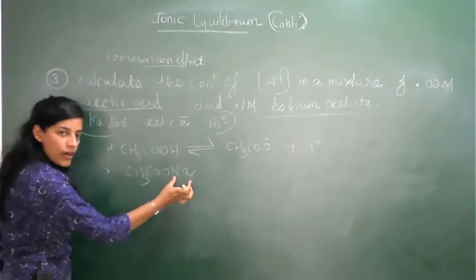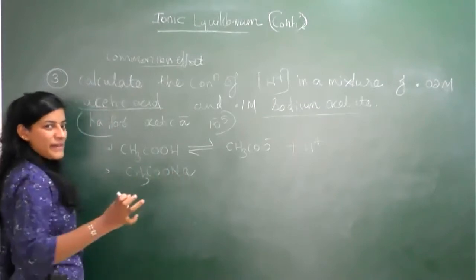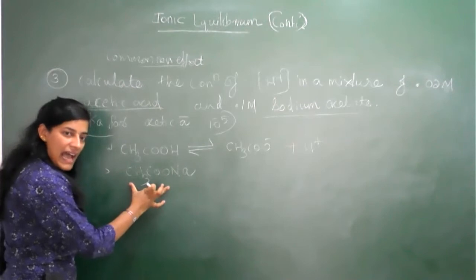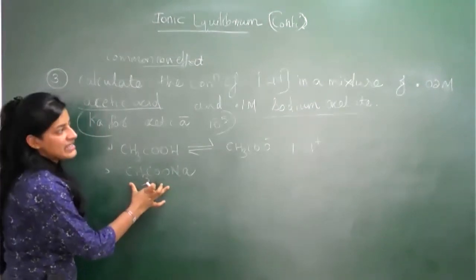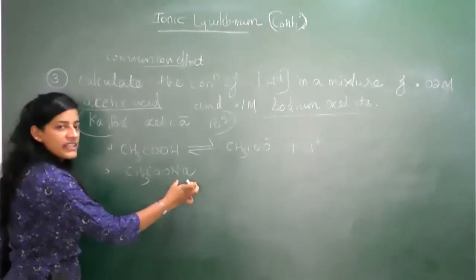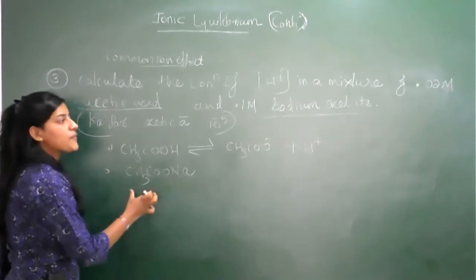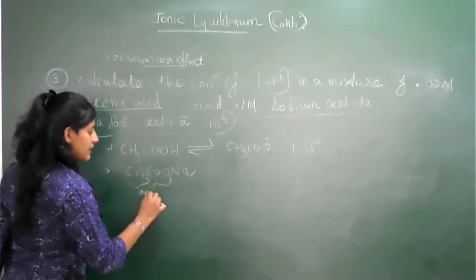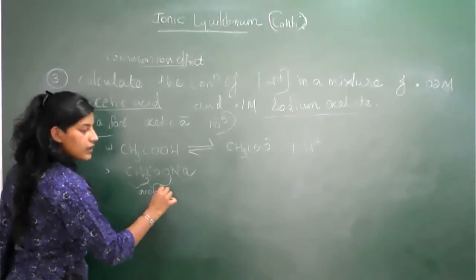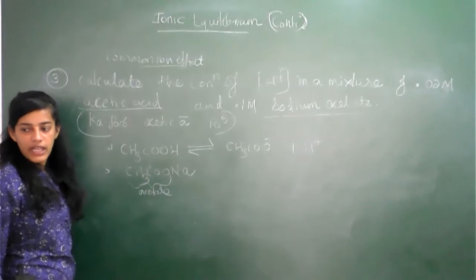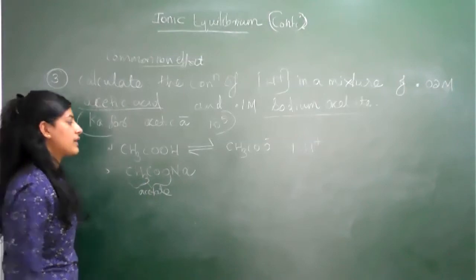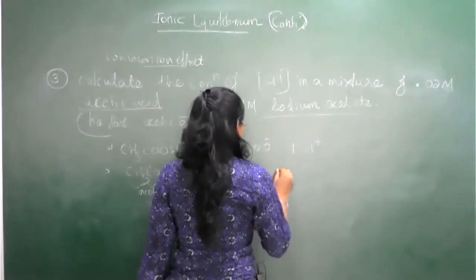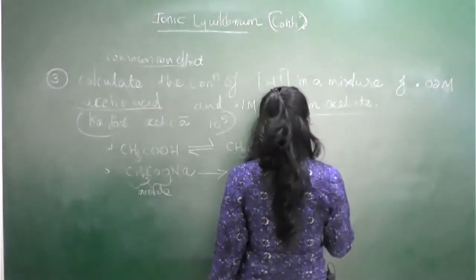Look, students, sodium acetate. The acetate group reacted with a sodium group will form sodium acetate. So this is the acetate family. Clear now? Don't forget about that. So it is CH3COO minus plus Na plus.